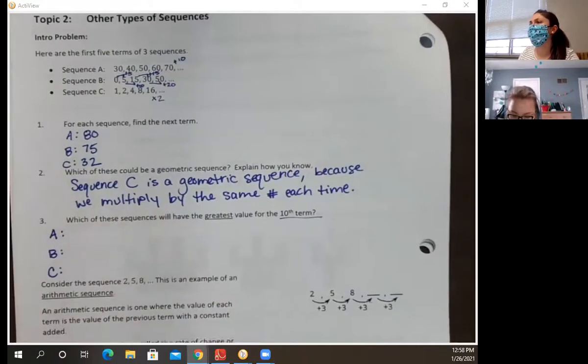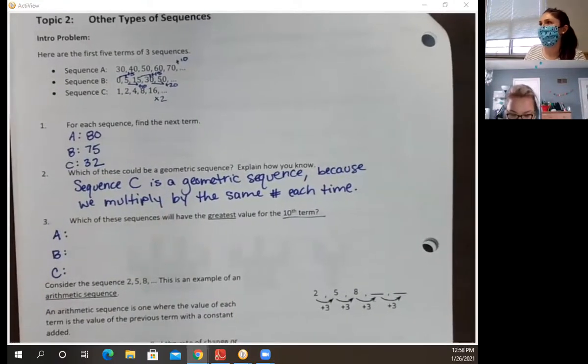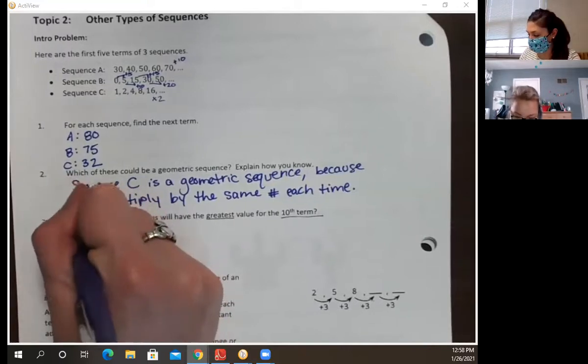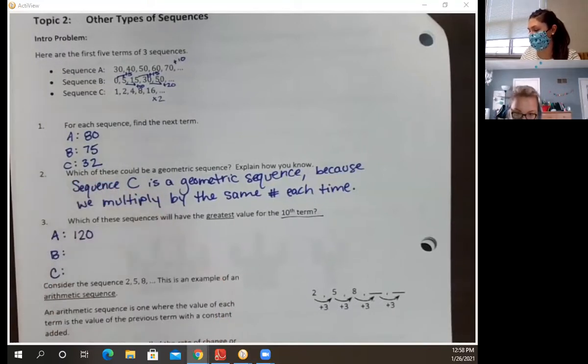Anyone have that 10th term for sequence A? 120. How about B, sequence B?